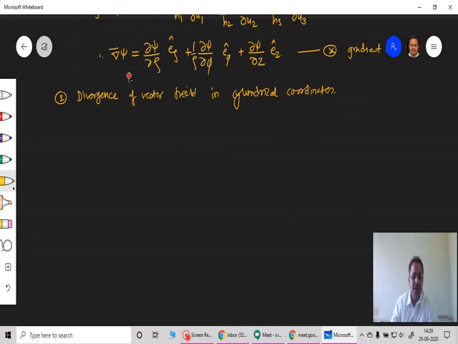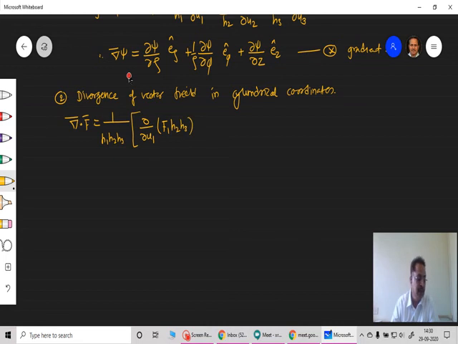So see the standard equation for divergence of a vector field in the orthogonal curvilinear coordinate system, del dot f. If you remember, it is given by 1 upon the product of H1, H2, H3, a big bracket. Inside that, differentiation with respect to the first coordinate, in the bracket it is F1 H2 H3.